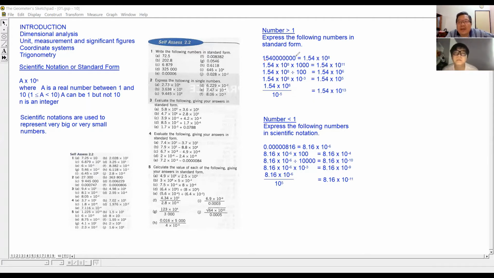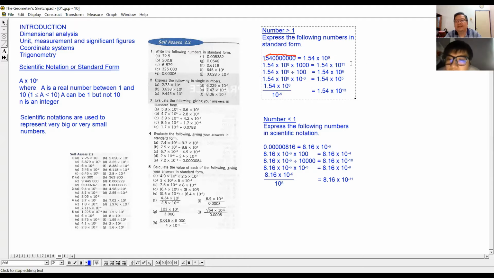Then you count the number of places: 1, 2, 3, 4, 5, 6, 7, 8, 9. So there are altogether 9 places here. So it will be 1.54 times 10 to the power of 9.